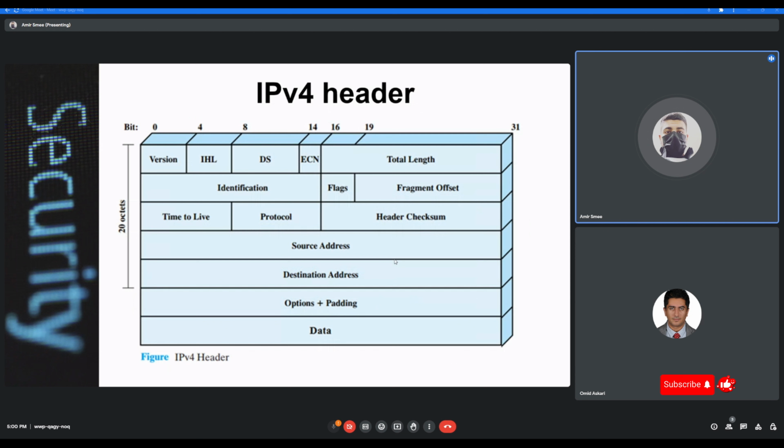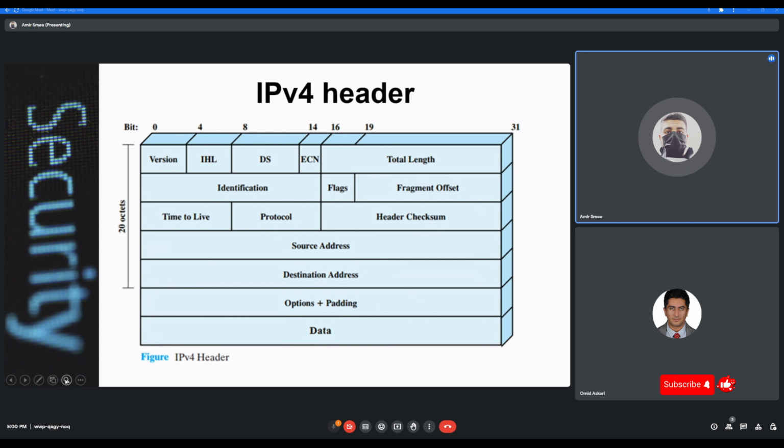The data we send over the internet is called packets. Each packet, in addition to the main part of the data, has other parts that differ according to the type of packet and communication protocol. This part in the packet is called the header.